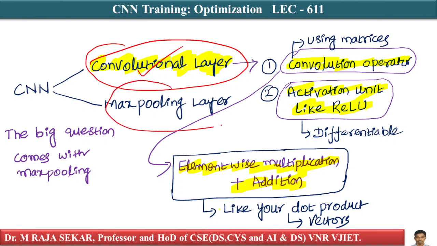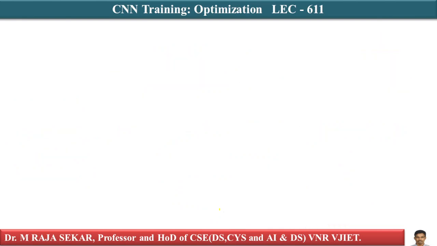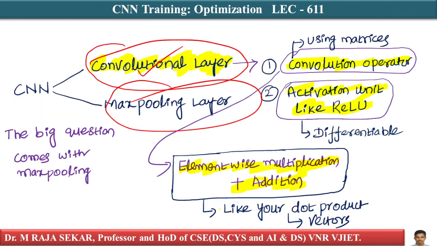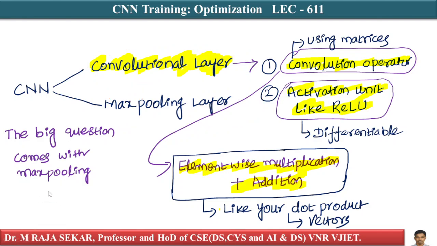Now we will try to understand the max pooling layer. The big question comes with max pooling, isn't it? So the convolutional layer, just try to recall what it is. Convolutional layer is basically convolution followed by the activation unit ReLU.